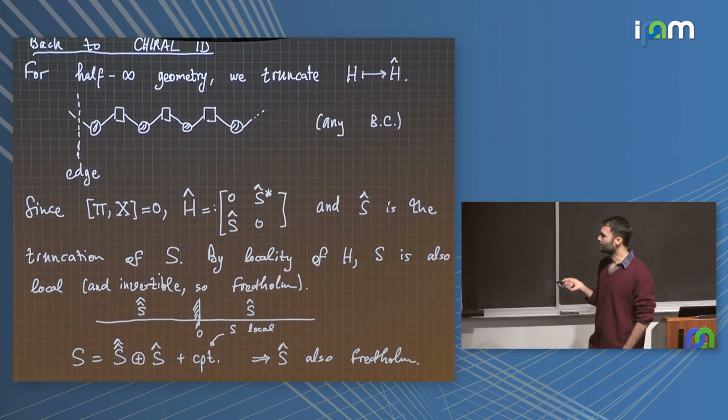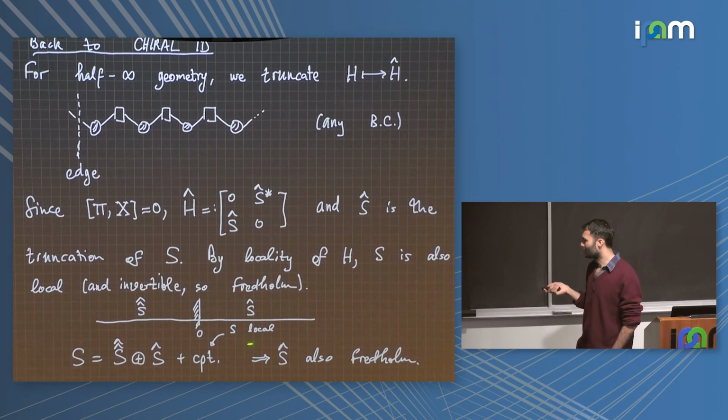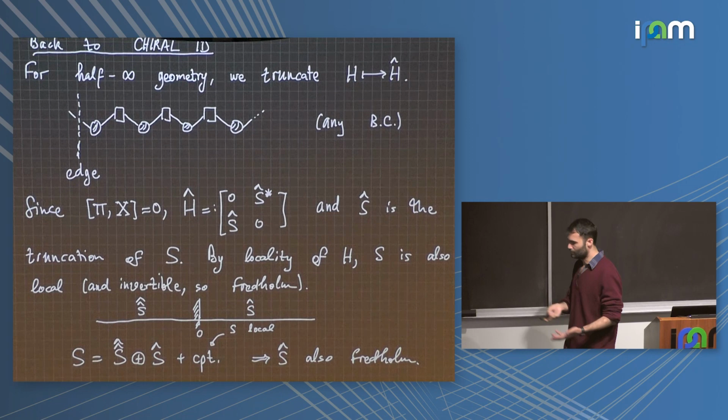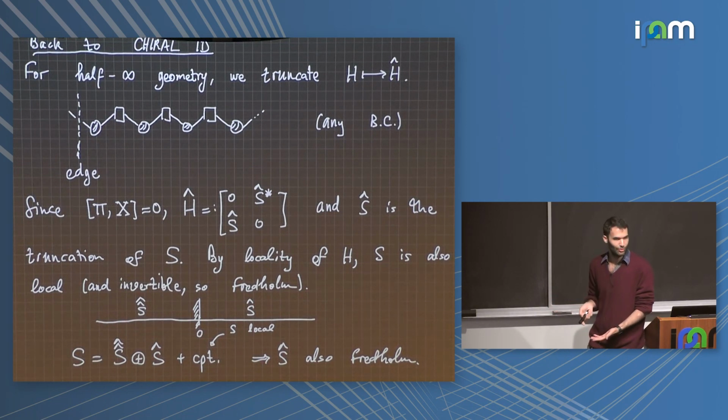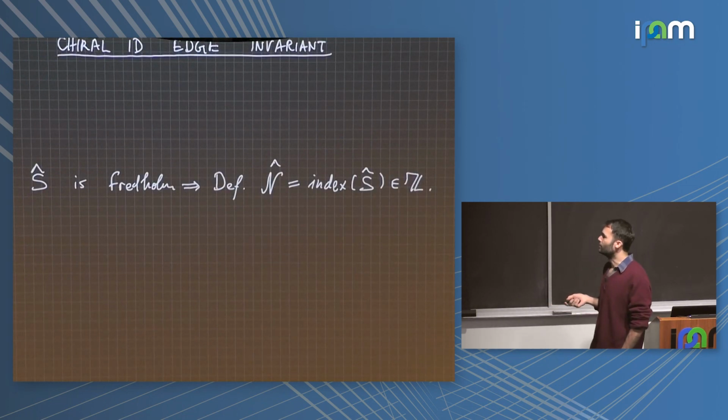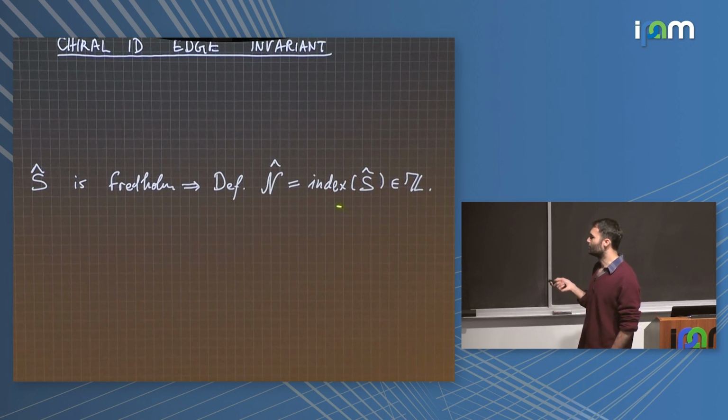But once you ask whether the truncated S is Fredholm, then the answer is indeed yes, because again, by locality, you can see that the difference between S and the direct sum of the left-hand side and the right-hand side of S, where you just cancel the coupling between them, is going to be a compact operator. So if you change by compact, you don't change the Fredholm property. And so for the edge, the index should be just the index of this truncated S.